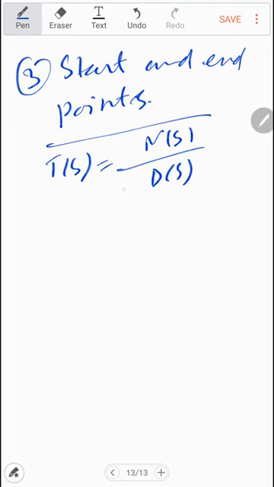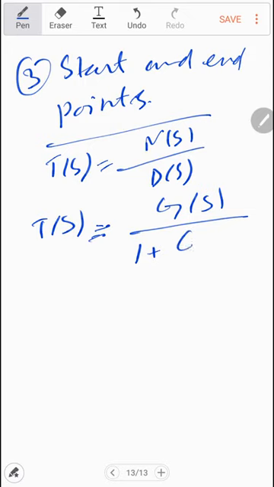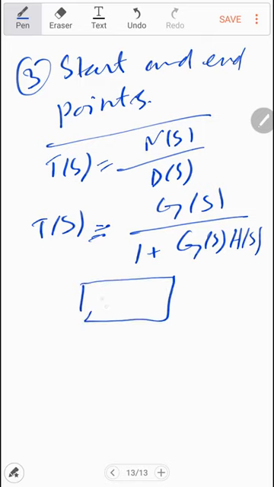Also we know that from the feedback transfer function, this is equal to g of s divided by 1 plus g of s multiplied by h of s. Let's say now you have some gain of the system also with the g, so instead of g, you have k g of s.